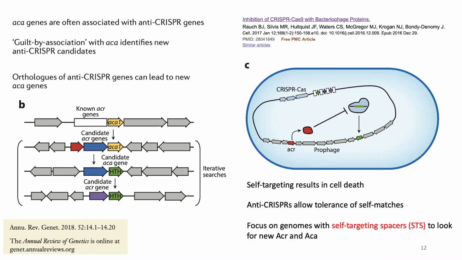So to avoid cell death, the cell must have a mechanism to inhibit its own CRISPR-Cas. Therefore, looking for anti-CRISPRs in bacteria with self-targeting spacers is more likely to succeed.